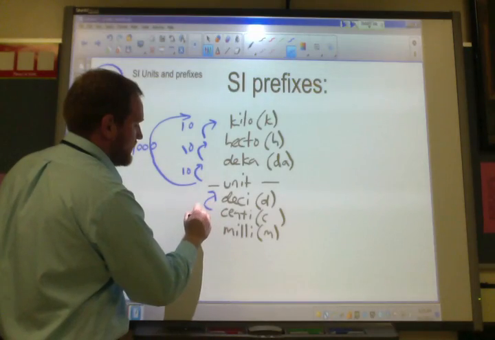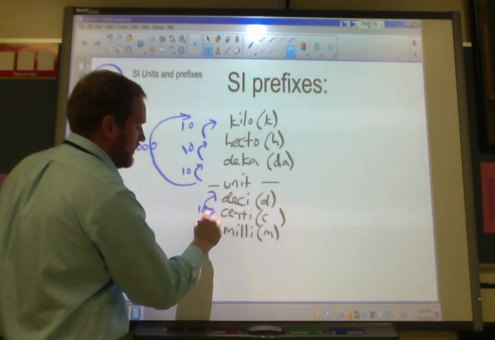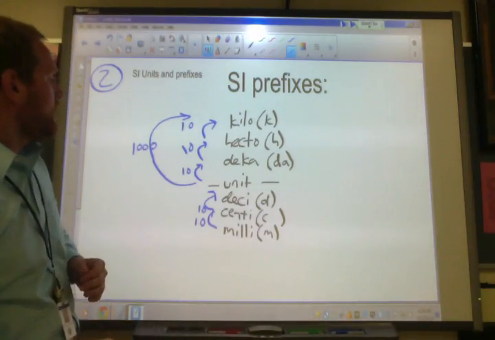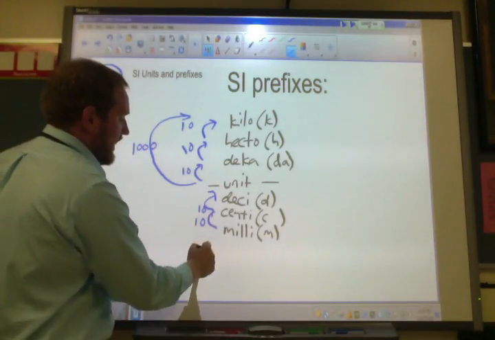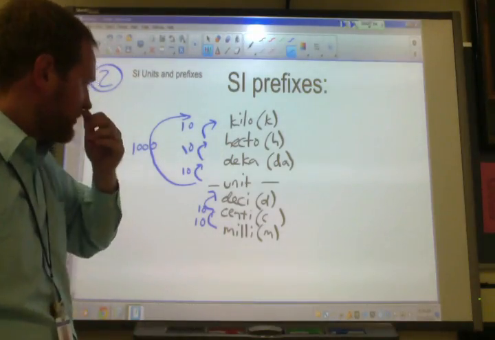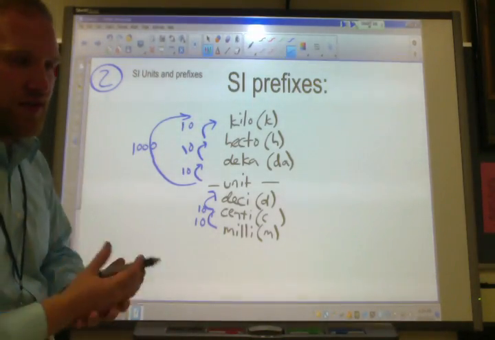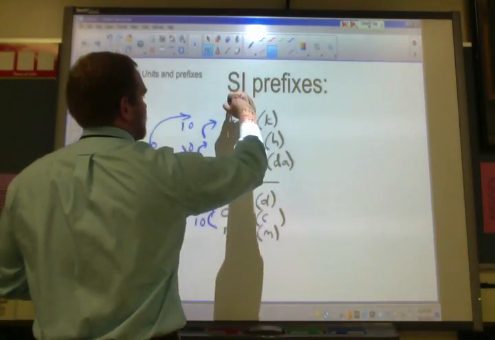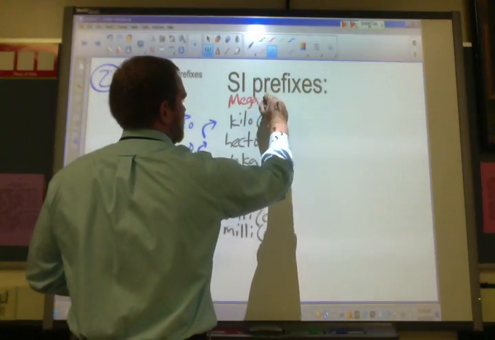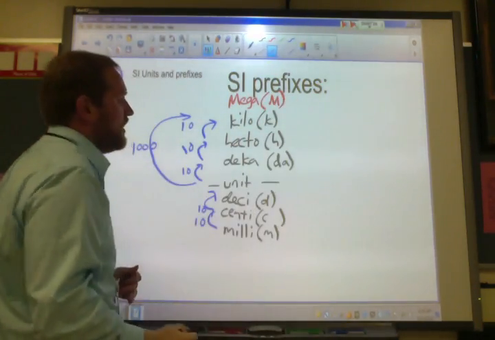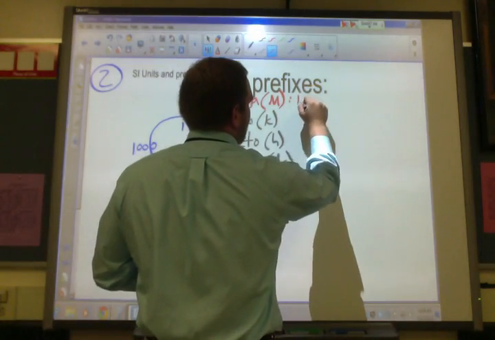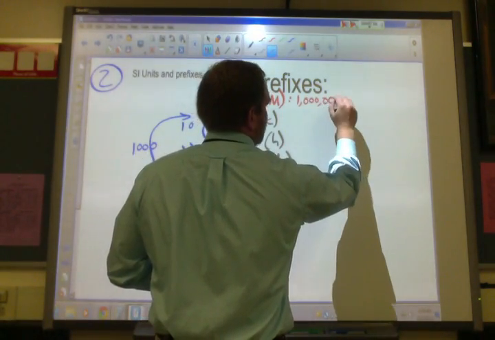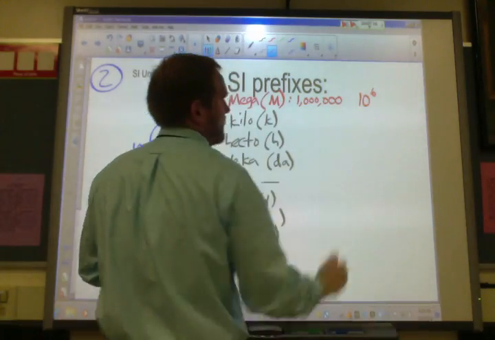Let's keep going in the same way here. So that's 10, and that's 10. So here we're going to have 1,000 times smaller for milli. Those are your basic 6. There are definitely a few more you need to know. Up here, I'm going to say mega, which is capital M. Mega means 1 million, or 10 to the 6th.